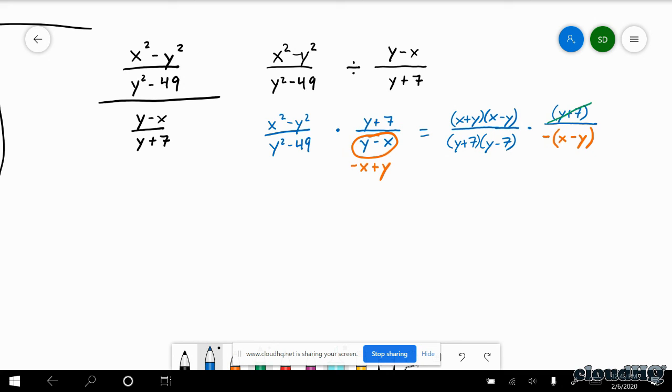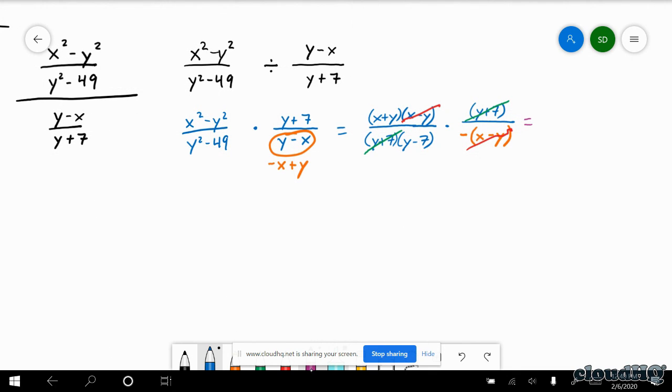Y plus 7s, you might see. I see x minus y. And that's all. Don't forget about that negative, though, that's out front. Oftentimes, we don't like to leave negatives in the denominator, so oftentimes what we do is just move it in front of the fraction.